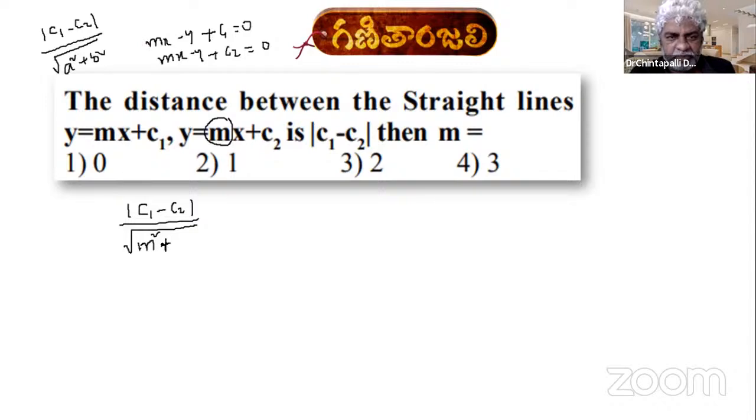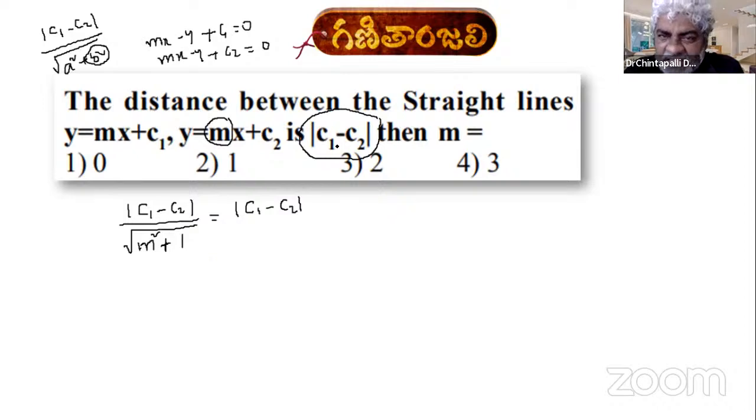But by squaring, minus becomes plus. So m square plus 1. The distance between those two parallel lines is given as mod of c1 minus c2 over root of m square plus 1. Right? Yes.